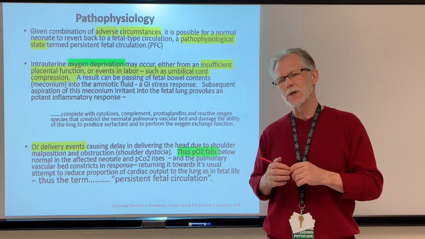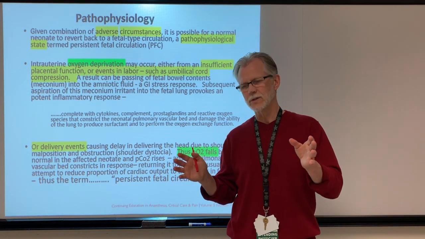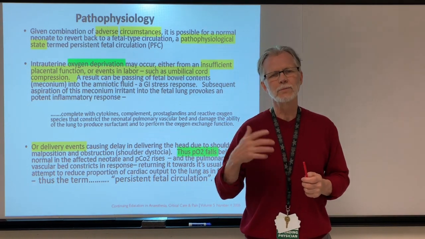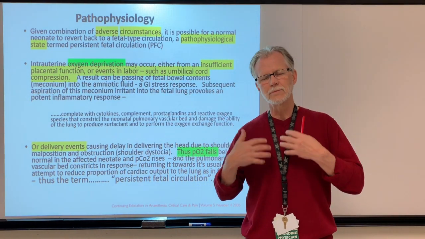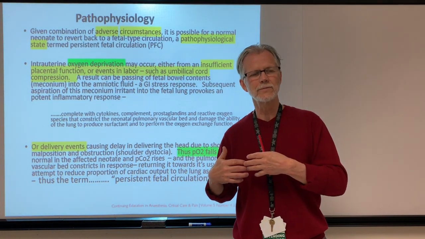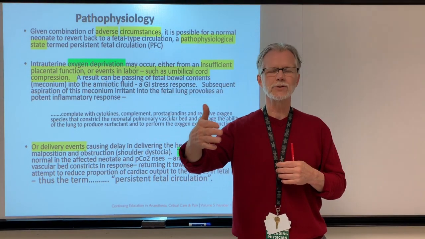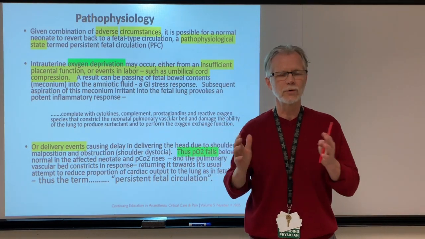In addition, there's a response in the gut. There's a stress response, and the fetus evacuates the bowel contents, the meconium it's called, and those bowel contents are irritants. They are circulated through in the fetal lung circulation. What I mean is the fetus actually inhales, exhales the amniotic fluid normally.